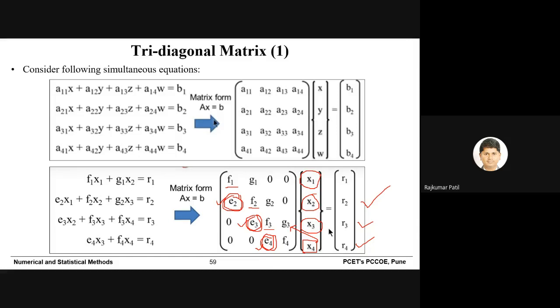So this is one of the modified or simplified versions of Gauss elimination method, where you will find a matrix which is tridiagonal matrix, and to solve the problem and to get unknown values x1, x2, x3, x4, we use Gauss elimination method. So this is how we can solve a problem related to tridiagonal matrix.